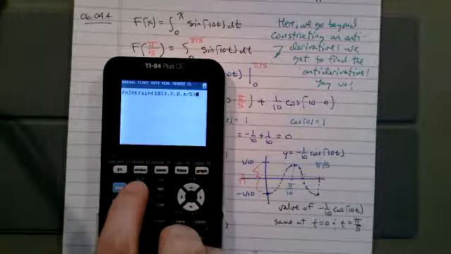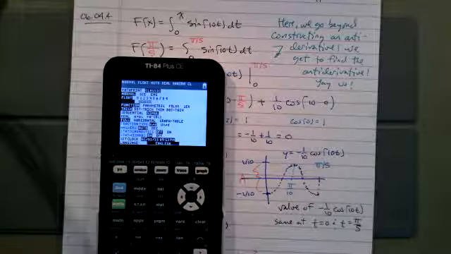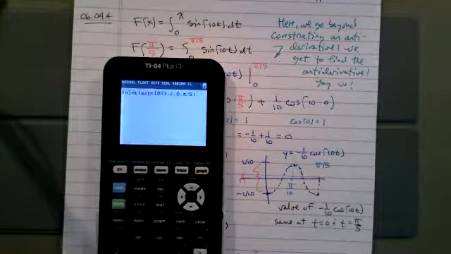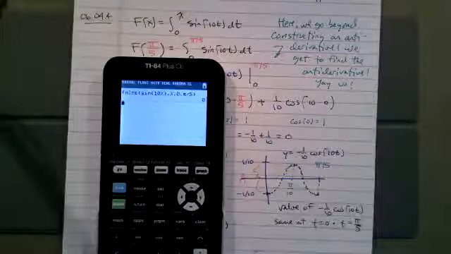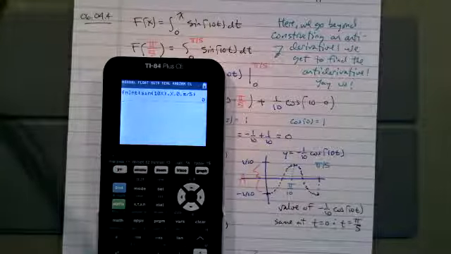And then we have to make sure that we are in radians. And it's 0. Any questions?